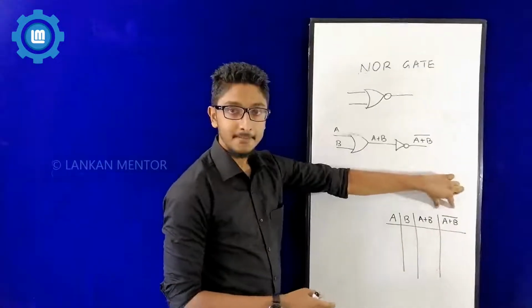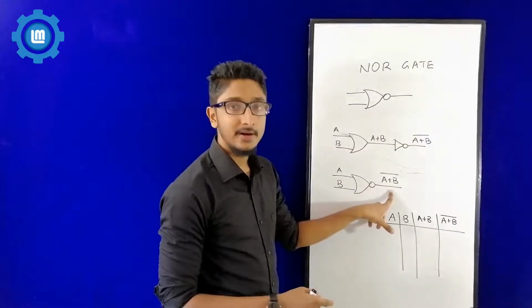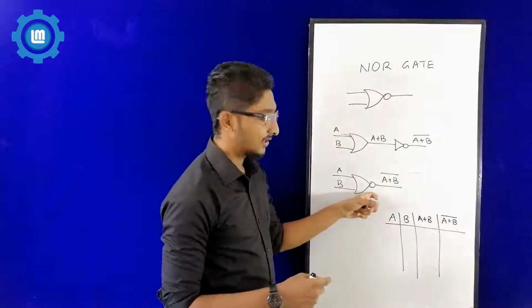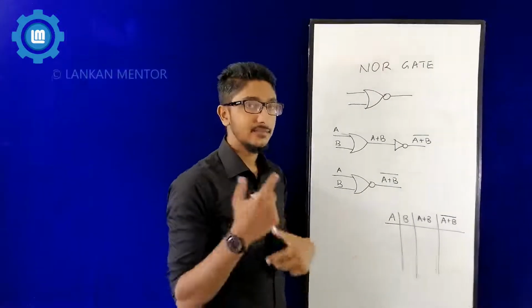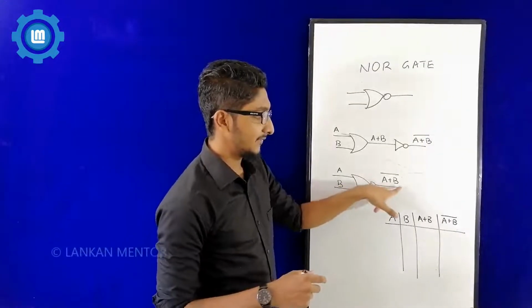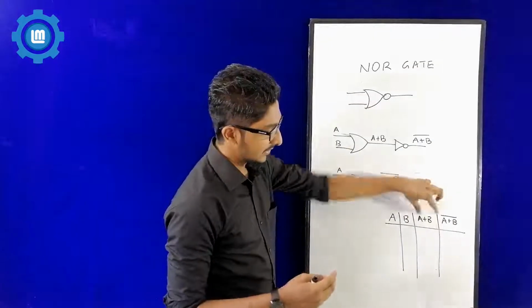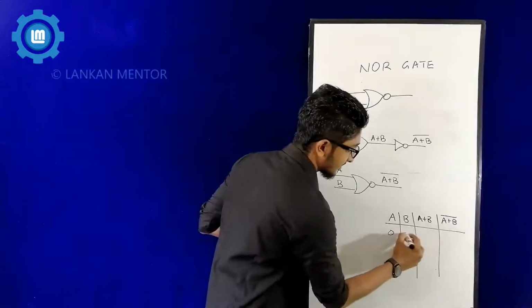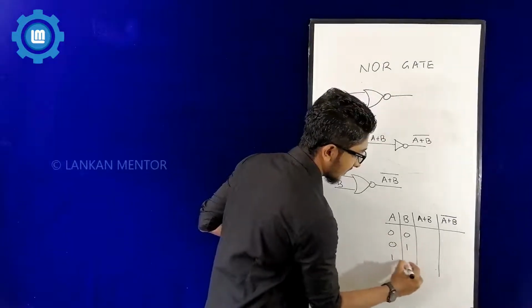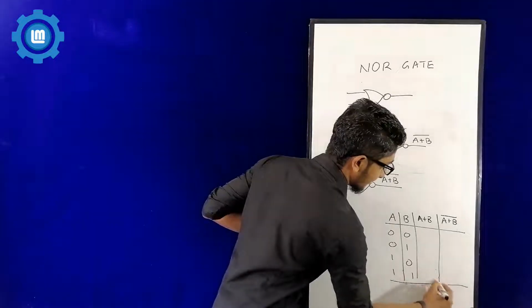Remember that when you have a combinational gate, even if you have a NOR gate or a NAND gate, it is better to write A plus B first and then (A plus B) bar again. So 0 0, 0 1, 1 0, 1 1.